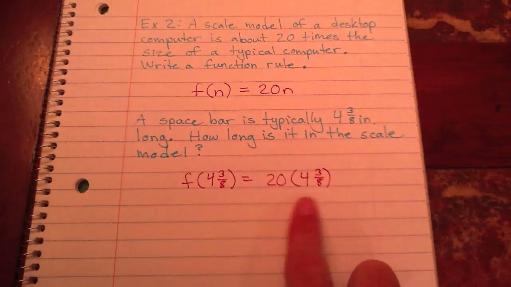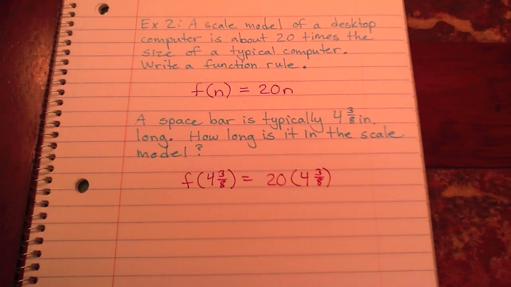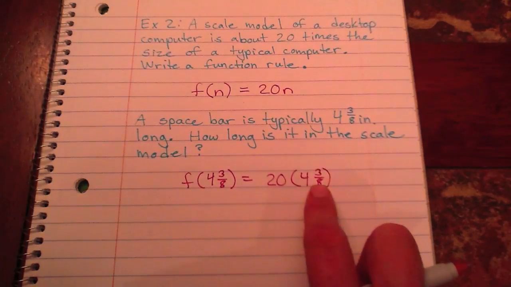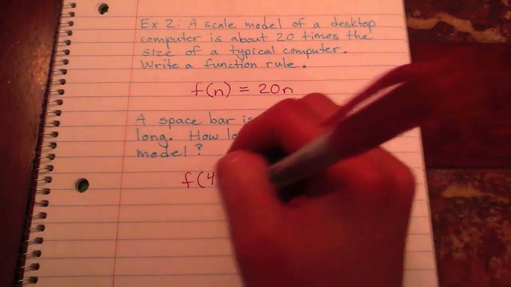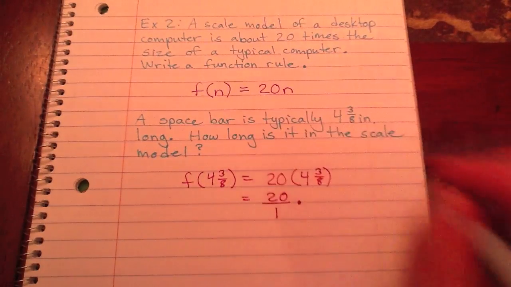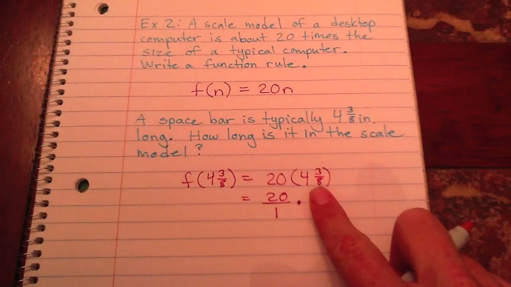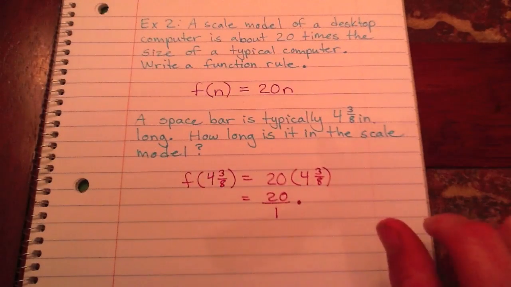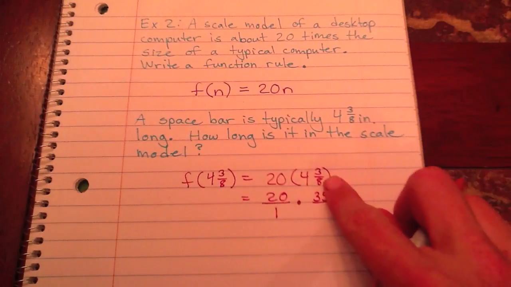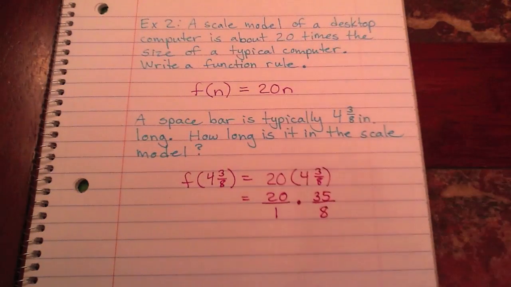Now, I know a lot of you are having a little bit of trouble with mixed numbers, so one of the easiest ways to do this would be to go ahead and make that an improper fraction. So you end up with 20 over 1 times, remember, 4 times 8 plus 3, which is 35 over your denominator 8.